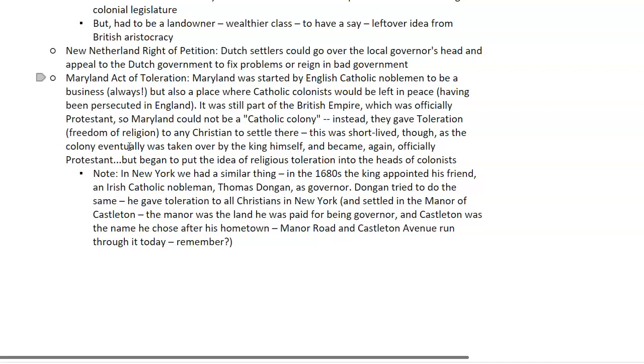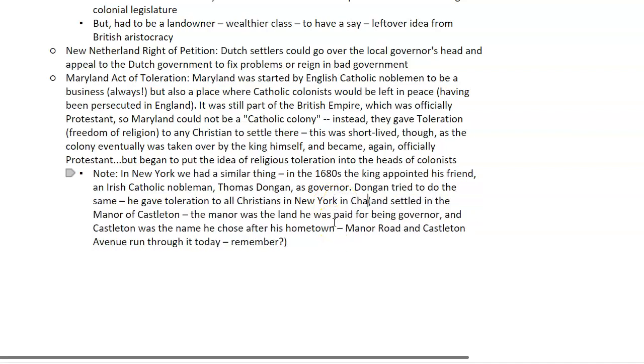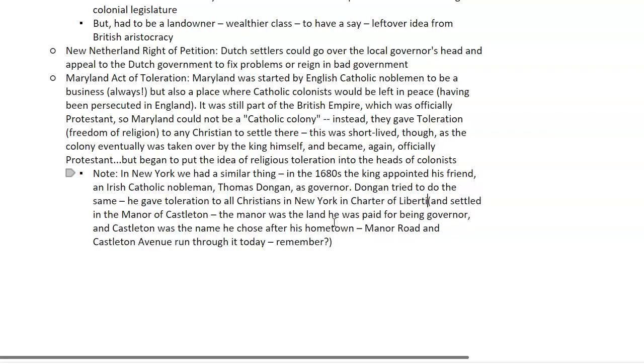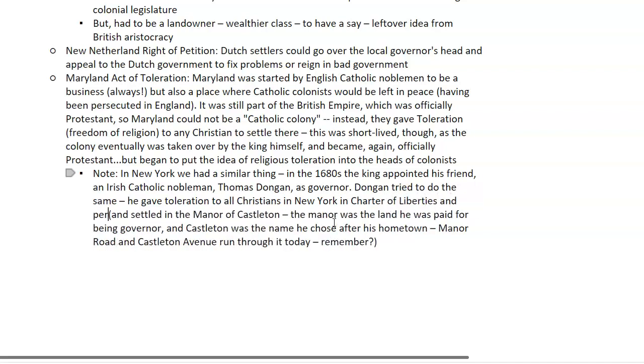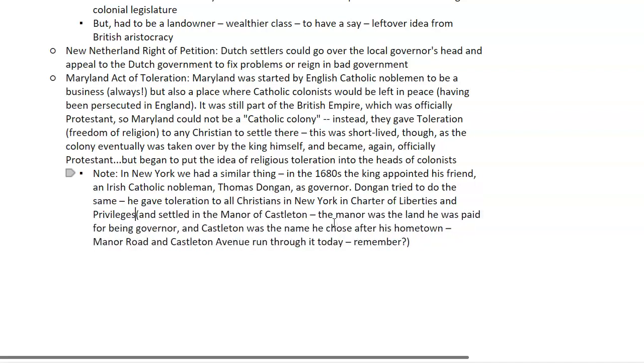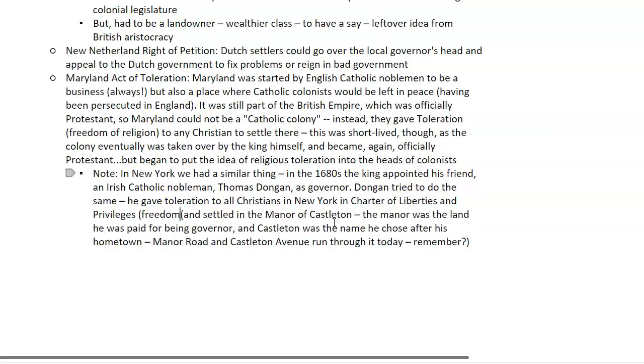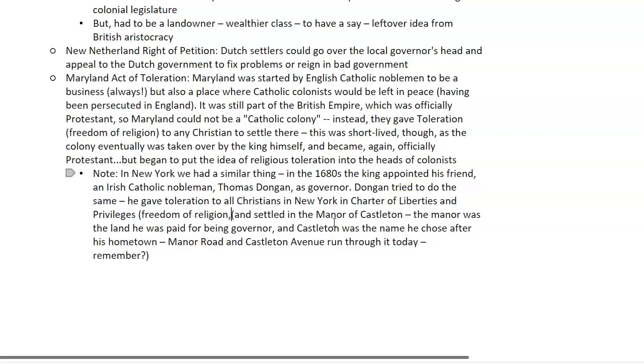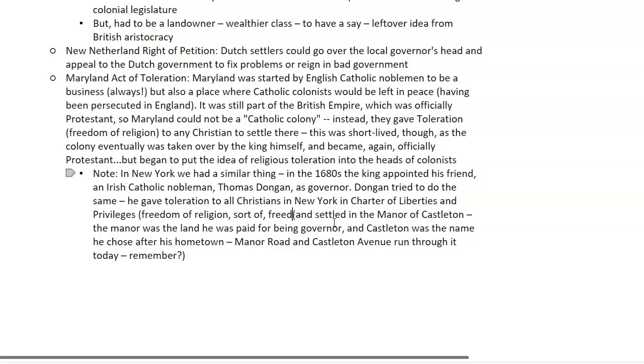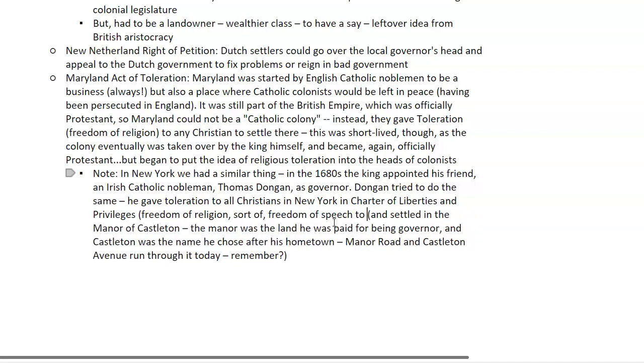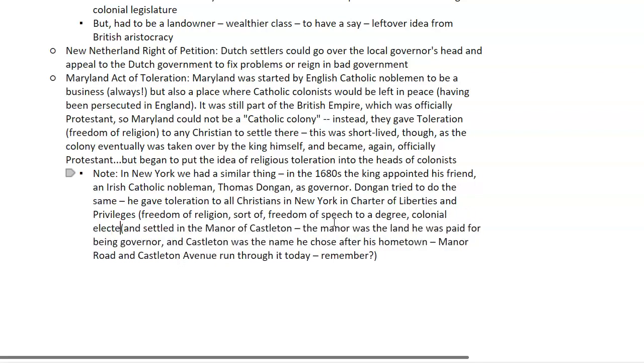He created a thing called the Charter of Liberties and Privileges. Freedom of religion, sort of. Freedom of speech, to a degree. Colonial elected assembly.